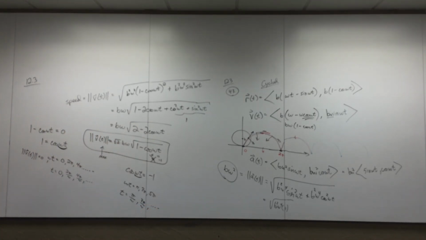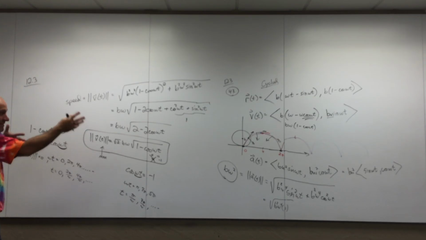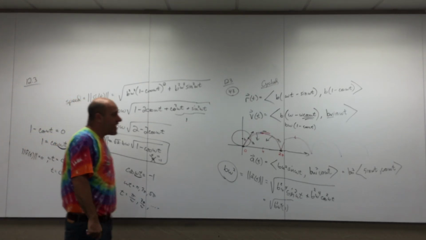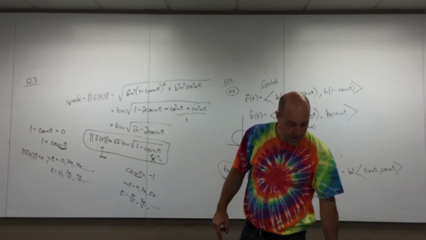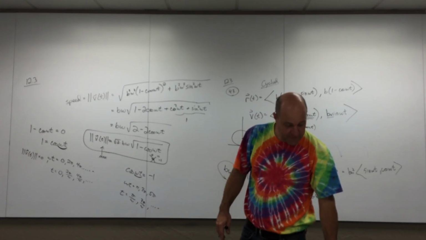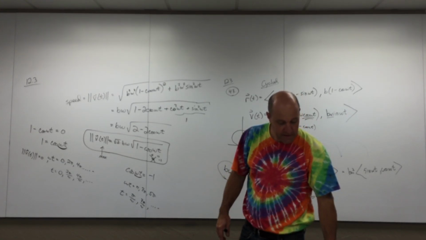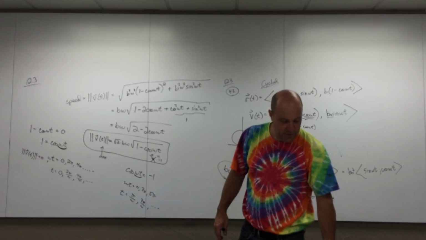That was a decent little problem investigating this cycloid very theoretically in general, but we didn't have any numbers in here, just letters that represent numbers. I kind of like that. You're asked to do that again on 45 through 48. I would suggest you take a look at that one.